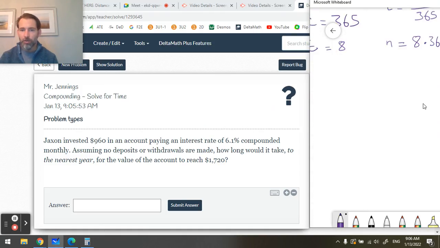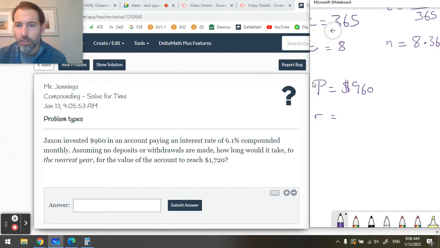The amount he invests, so the principal, is equal to 960. The rate is equal to 6.1%. The time is unknown, so that's what we want to know. Time equals question mark. Important to note, that's what we're looking for, solving for time.